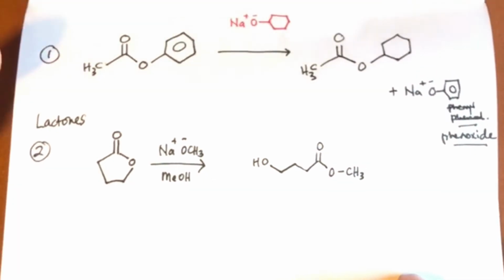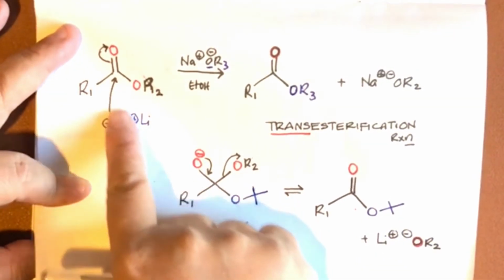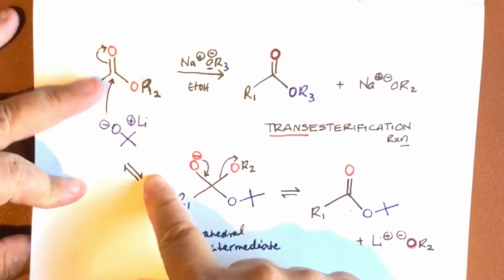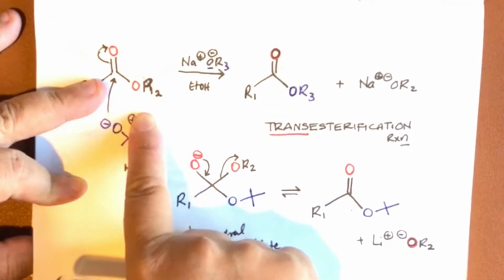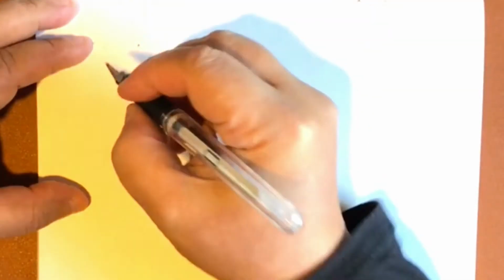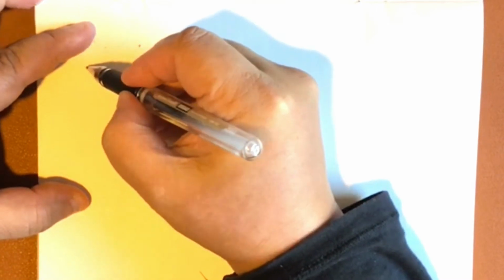So how does it work? It's quite similar to this reaction where you swap the ester group R2 to R3, the transesterification, but now instead of alkoxide we have the OH group, the hydroxide group.